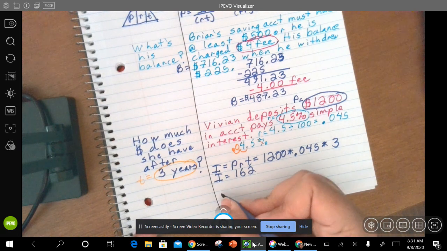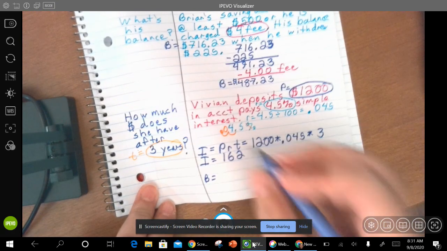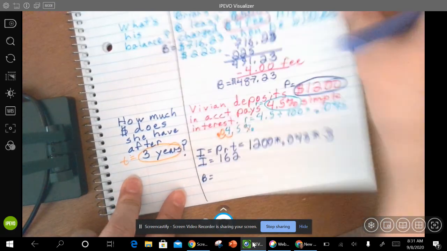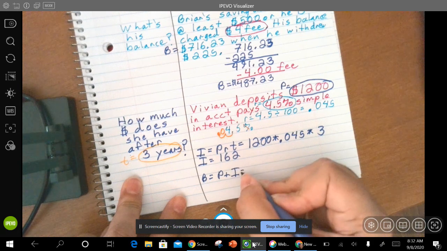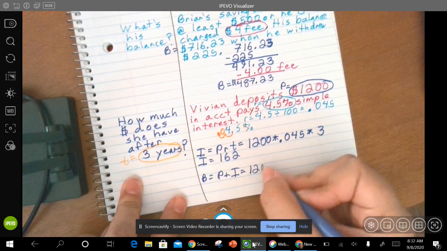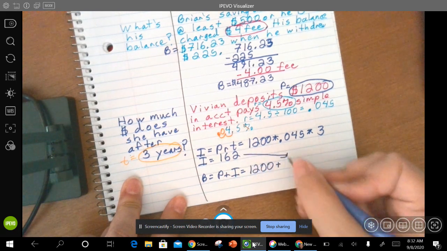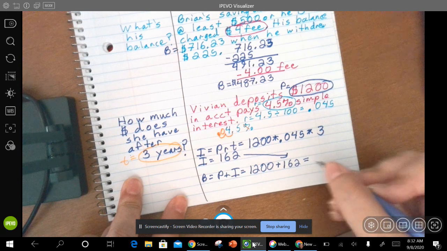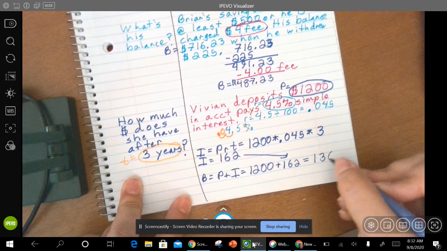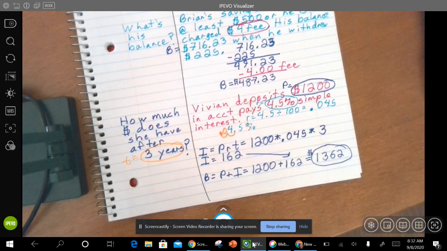Then to find the balance, because we want to know how much she's going to have, the balance is equal to principal plus the interest. So we add her principal, 1,200, plus the interest, $162, and we get 1,362. So she'd have $1,362. Okay, everybody, you got this.